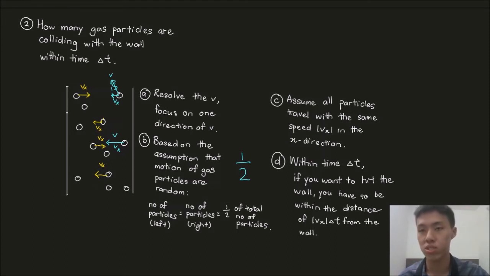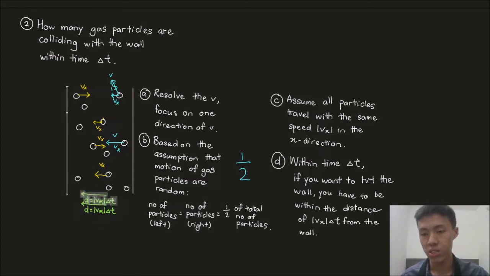Let me draw something. Let's say in a specified time, since they are all moving at the same speed, all of the particles here have traveled this much distance, and this much distance is d, which is Vx times delta t. Okay, so which particles here would have hit the wall? Let's try to find it out.